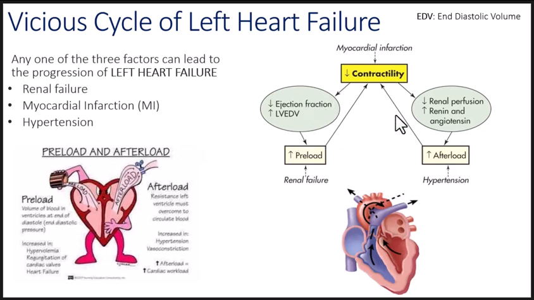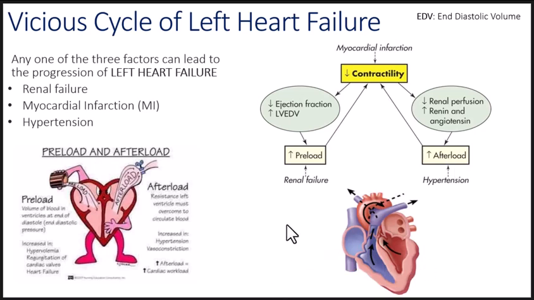I'm not going to read all this out because I've talked about it quite a few times already, but what you can see shown here are the factors we've already talked about that can influence failure of the heart. So let's say this is already occurring in somebody with left heart failure. If they have a heart attack, it's going to further reduce contractility. If they have hypertension, it's going to cause a further increase in afterload, thinking back to how I described that earlier.